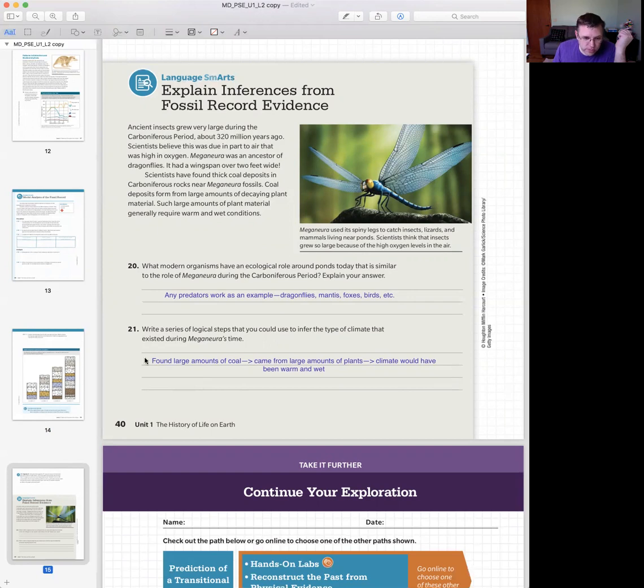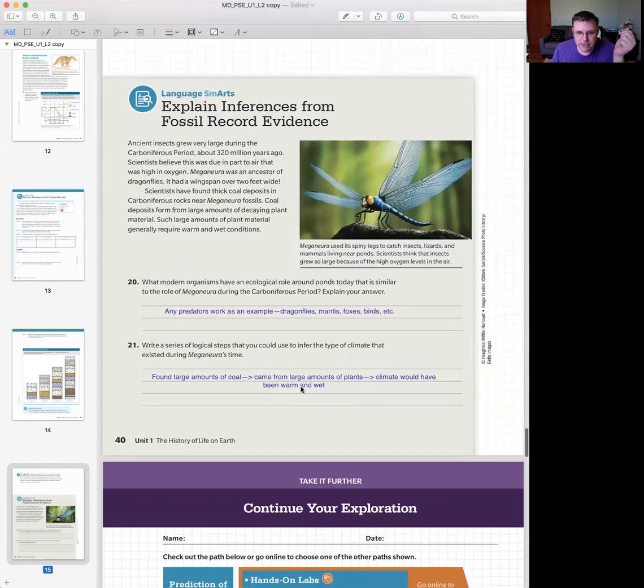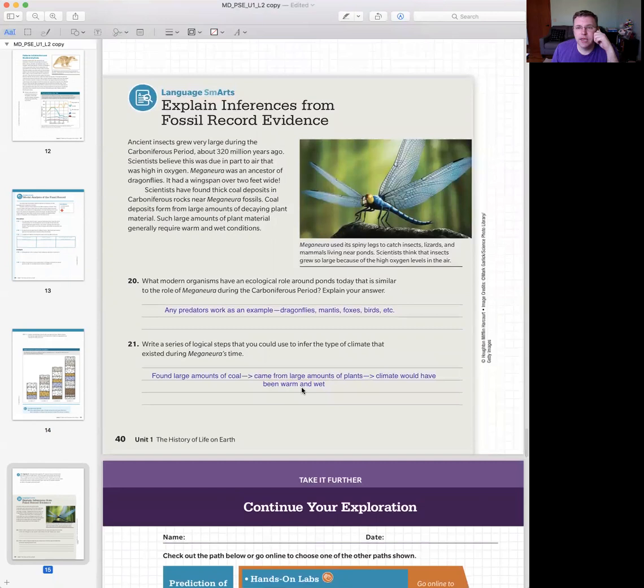So since we find large amounts of coal today, we can infer that in the past there were large amounts of plants present to form that coal. In order to get large amounts of plants, that tells us that the climate would have had to be relatively warm and relatively wet. Think maybe like tropical rainforest situations here, right? So we can use something we find today and then try to infer step by step what things would have been like in the past.